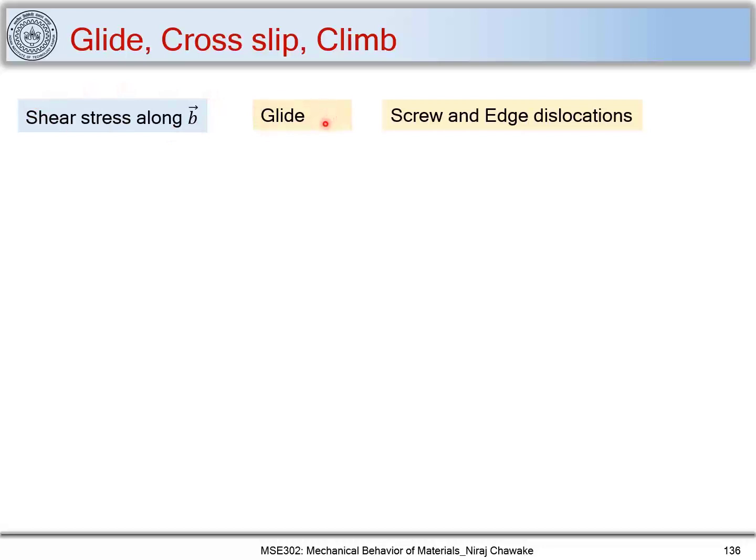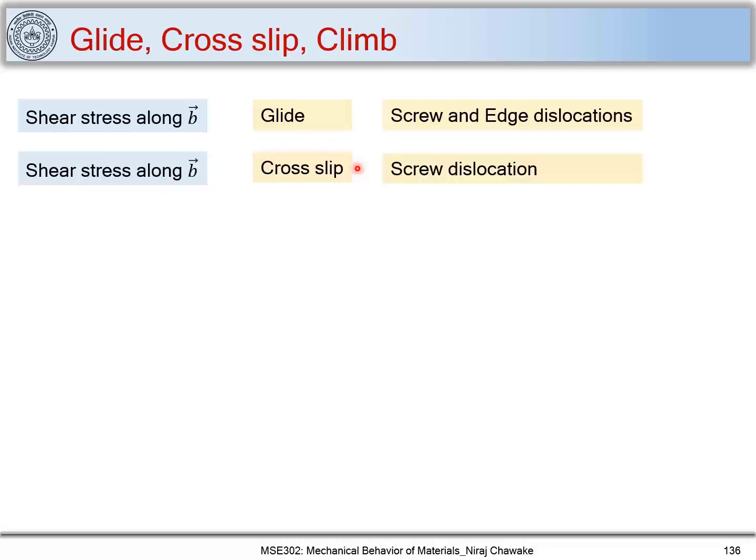Glide happens on a given slip plane. When there is shear stress along the Burgers vector, there can also be cross slip, and we have seen that cross slip can occur only for a screw dislocation. Normal stresses will cause climb. We will see how normal stresses result in climb.